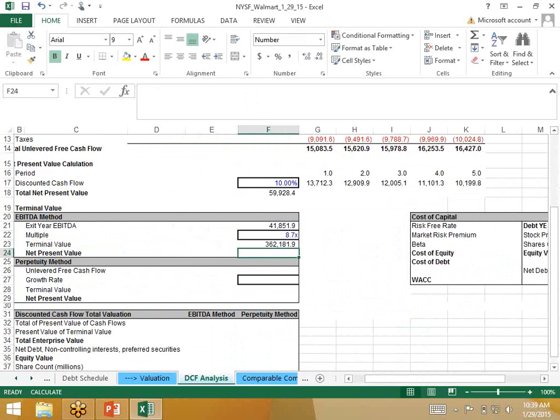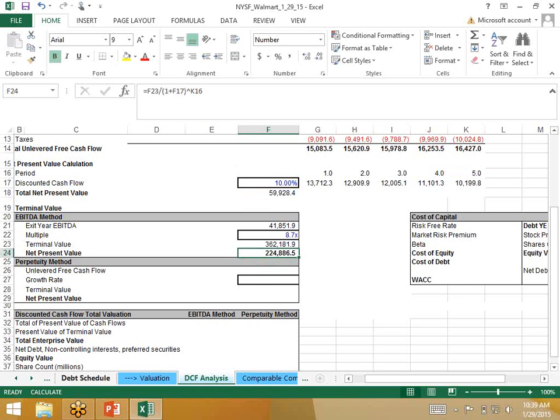We have to discount that back 5 years. So we do equals the terminal value divided by, open parentheses, 1 plus that discount rate, to the power of 5. $224 billion.